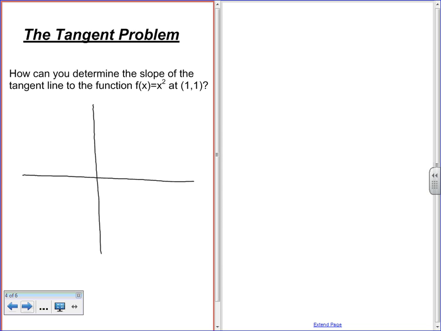So the tangent problem was, how can we determine the slope of a tangent line? Remember, a tangent line is a line that just touches a function in one spot. Take the function f of x equals x squared. Again, I'll draw that, which is just a standard parabola. I want to figure out the slope of the tangent line at x equal to 1.